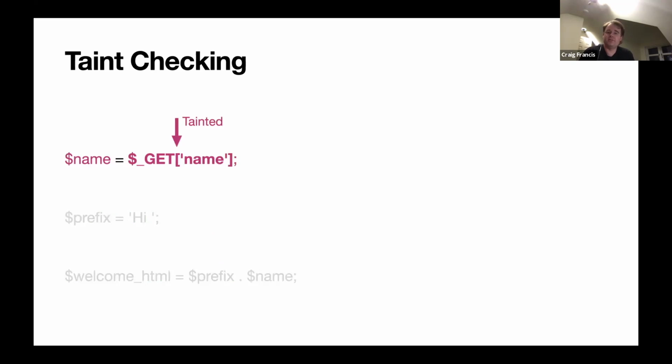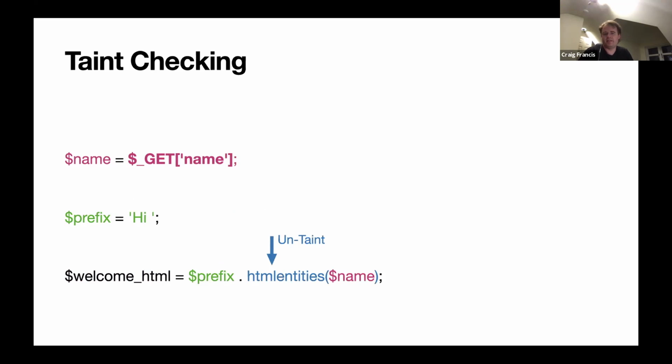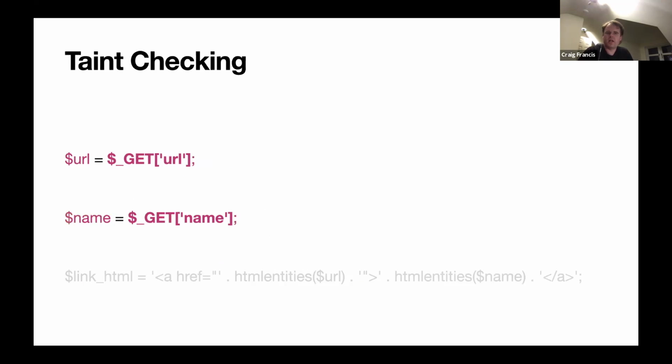If you were to take something from an external source, it is considered tainted. And if you combine that together, then that is considered not safe. If you use htmlentities, this is a method to untaint it. That's to sort of say, this has been escaped, therefore it is safe. And it should be safe-ish.